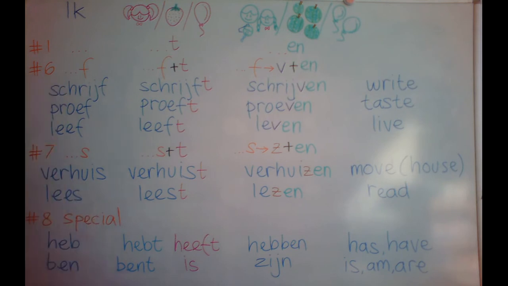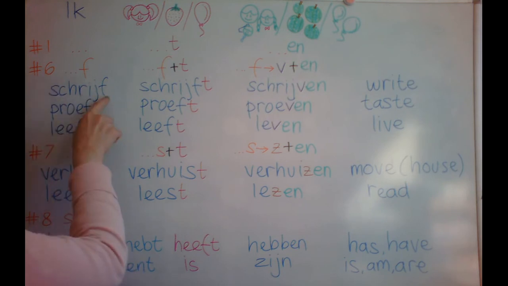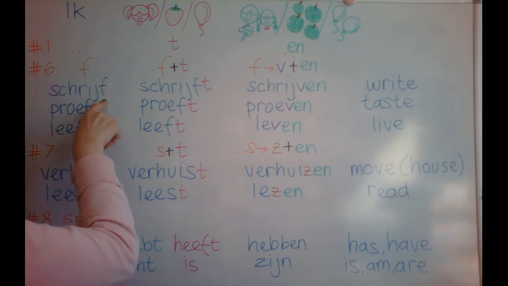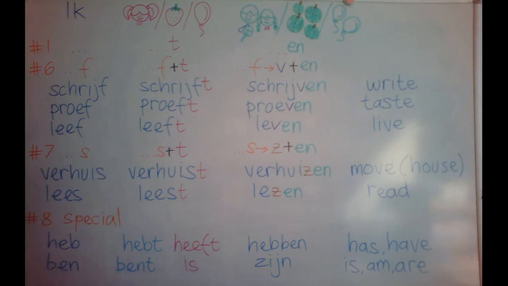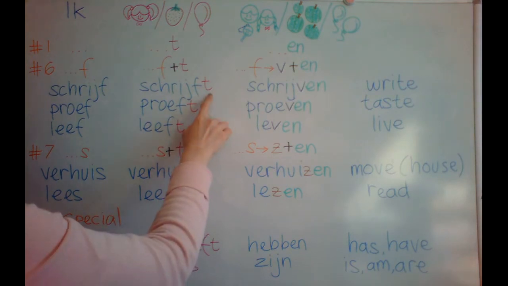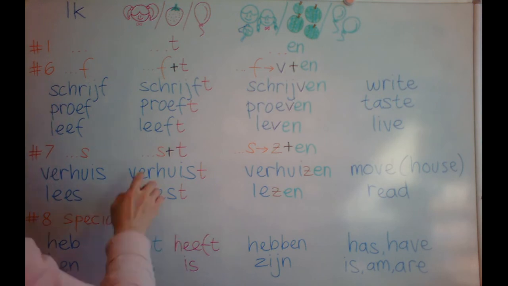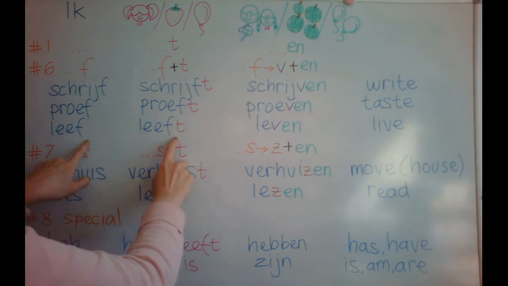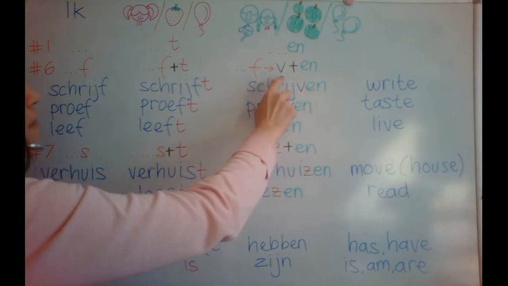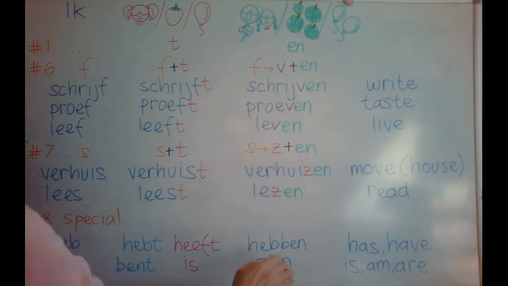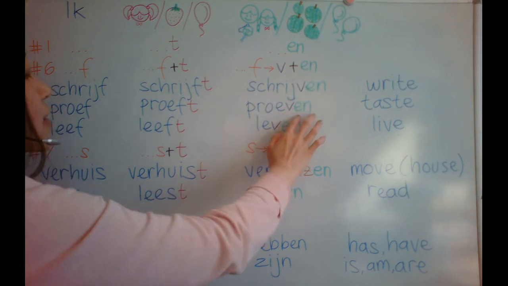Number 6. If the letter at the end of the word or the verb is F, for subject that consists of one, you just have to put T. But for subject that consists more than one or many, the F here becomes V. And then you put EN, or in Netherlands, AN.